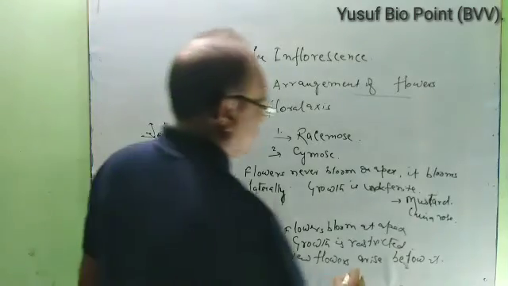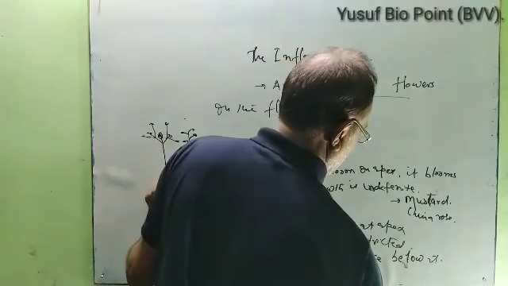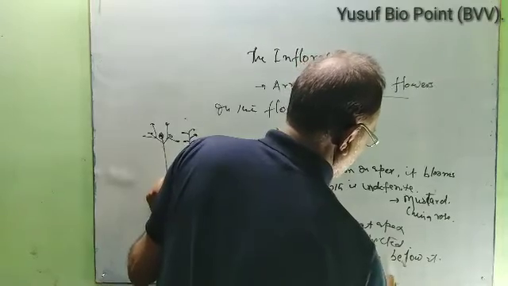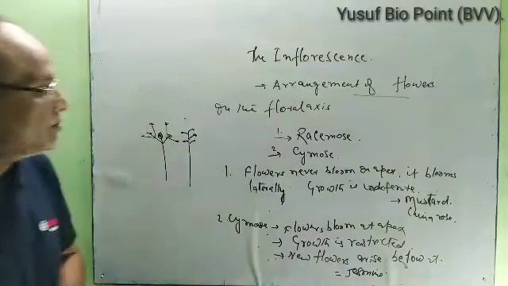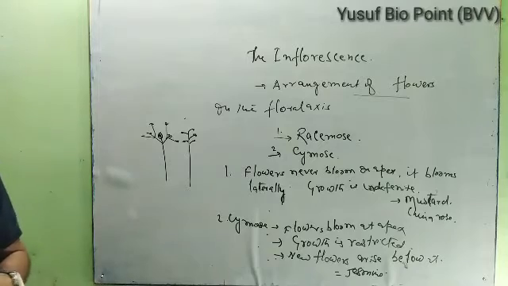As for example, jasmine. So these are the two types. One is racemose and next one is cymose.